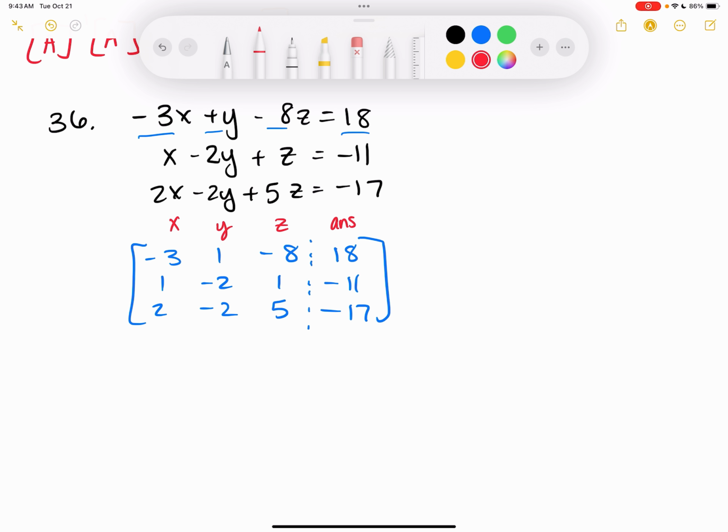Does that make it different? Second matrix. Enter. Congratulations.